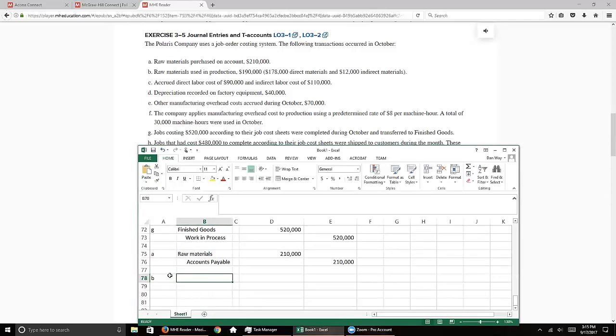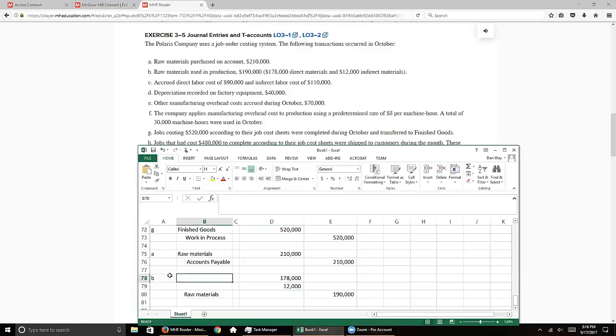Then in part B, we found out that raw materials used in production were $190,000, of which $178,000 were direct and $12,000 considered indirect materials. So again, I'll start at the end, so to speak, and say, if we're stuck, let's think about what we know for sure. That's that our raw materials account is decreasing by $190,000 because we're using up $190,000 in materials. Now I know I have direct materials of 178 and indirect materials of 12.